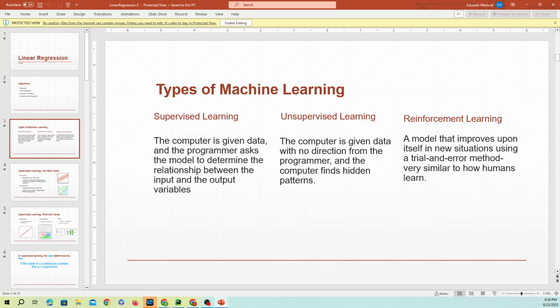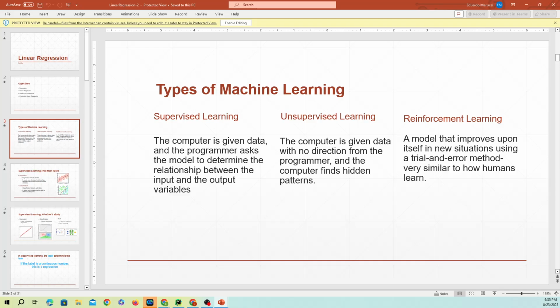Like I mentioned before in the PowerPoint, there are three different types of learning: supervised learning, unsupervised learning, and reinforcement learning. Supervised learning is like when you imagine that you have all these emails and you want to be able to determine something. That's the data, the experience, and then you have a task.